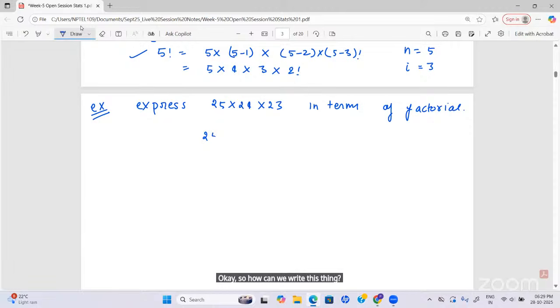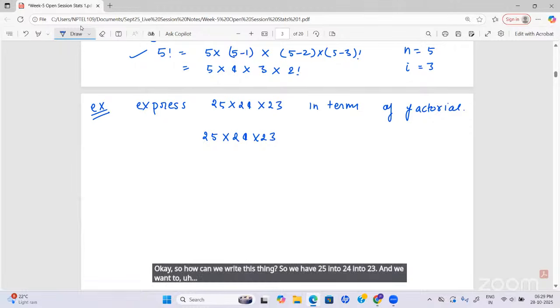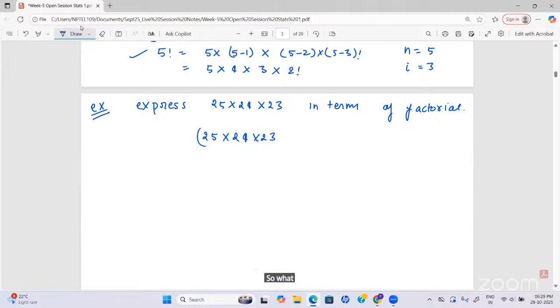We have 25 into 24 into 23 and we want to write it in the form of factorial. So what can we do? Ma'am, we can multiply by 22 into 21 up to 1 and divide by 22 factorial.